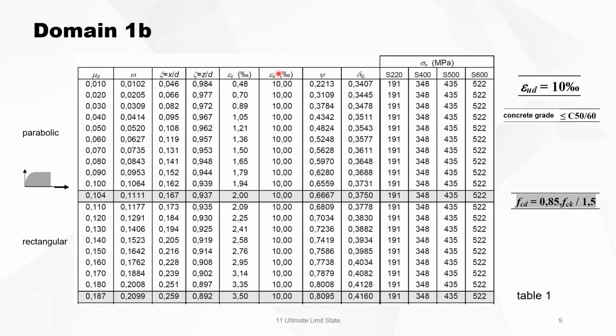That's right, because that was a pivot point, and epsilon c goes from 0 to 2 per mil. That is the region that we are studying at this moment. So it's about this portion of the table. And the two relationships of psi and delta G vary according to xi, x over d.